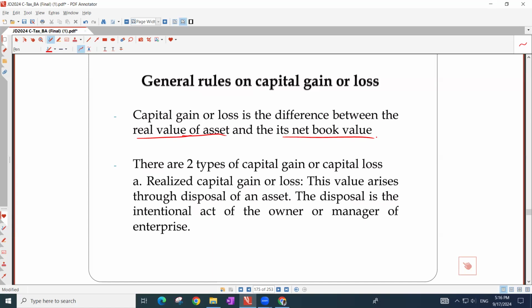Maybe not different from accounting. Yeah, I mean real value, probably the transaction value or the proceeds from sale of that fixed asset compared to the net book value. But from accounting, sometimes you have to take into account the residual value. But for tax, we don't have residual value. We only have tax book value.